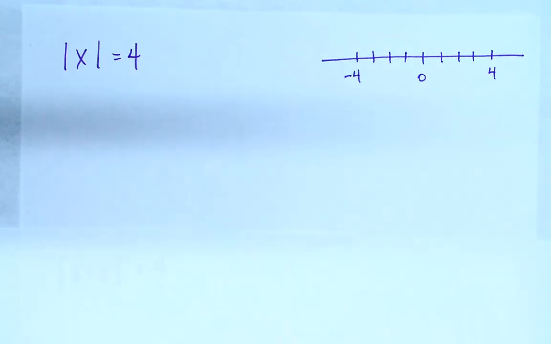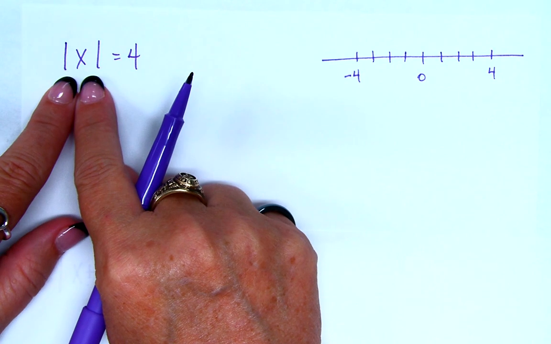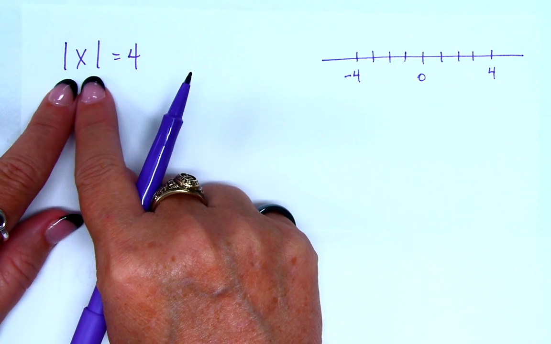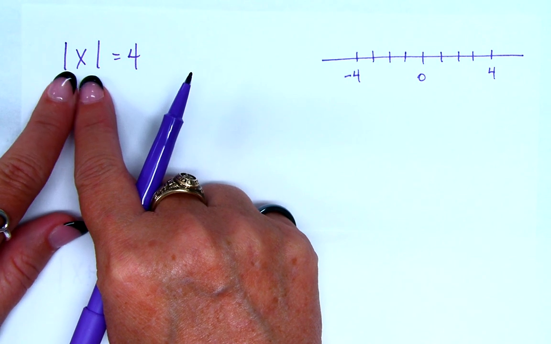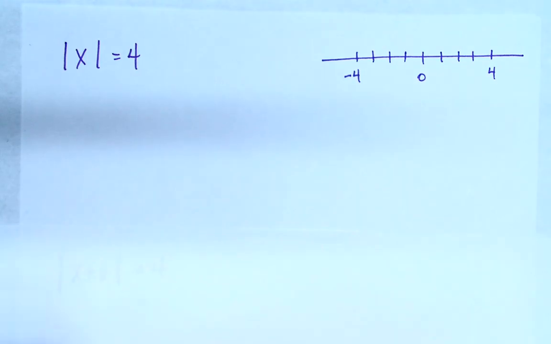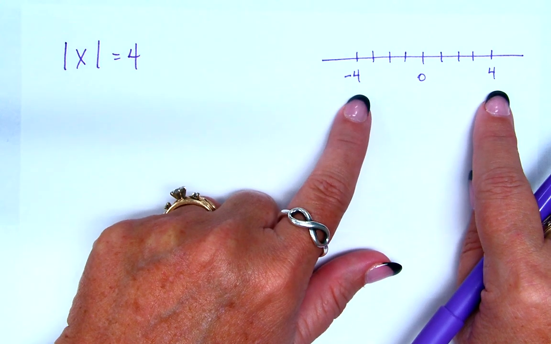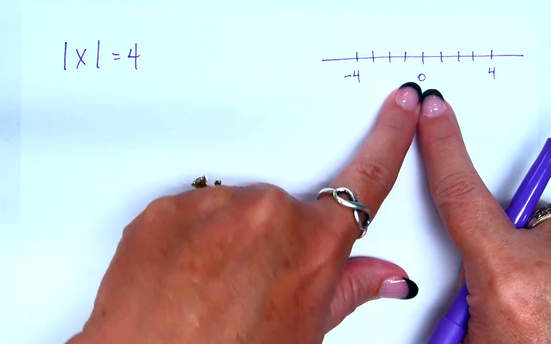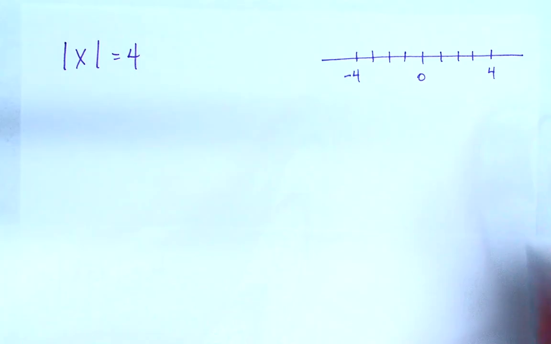So when our absolute value is isolated, and you'll understand more what that means in just a second, what I have to do is create 2 problems. I have to solve 2 problems because I know there should be 2 answers. Because I could go both directions away from 0 to get an absolute value of 4. Does that make sense?